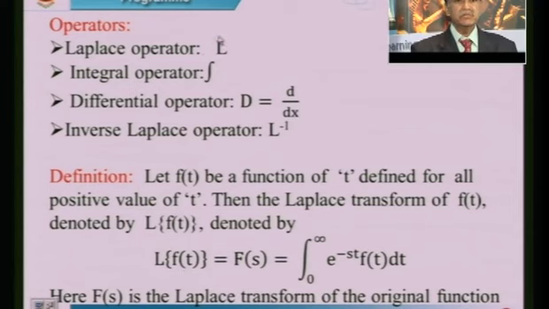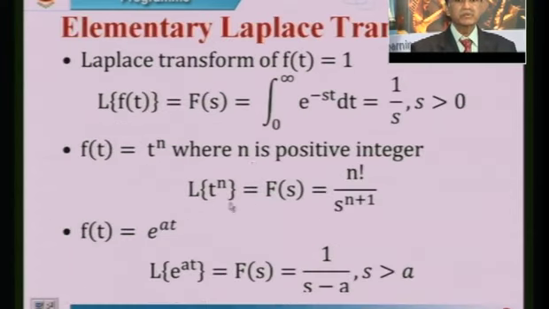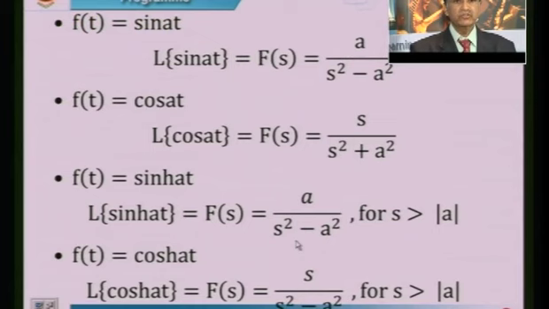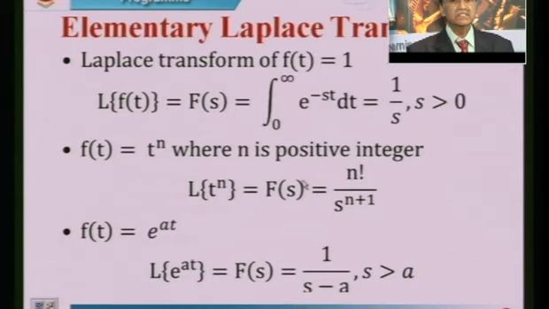Same whatever the properties and derivations which I explained so far will be written in the reverse order, by applying inverse Laplace transform to the other side, and you must get the function of t. This is all about direct Laplace transform and inverse Laplace transform.